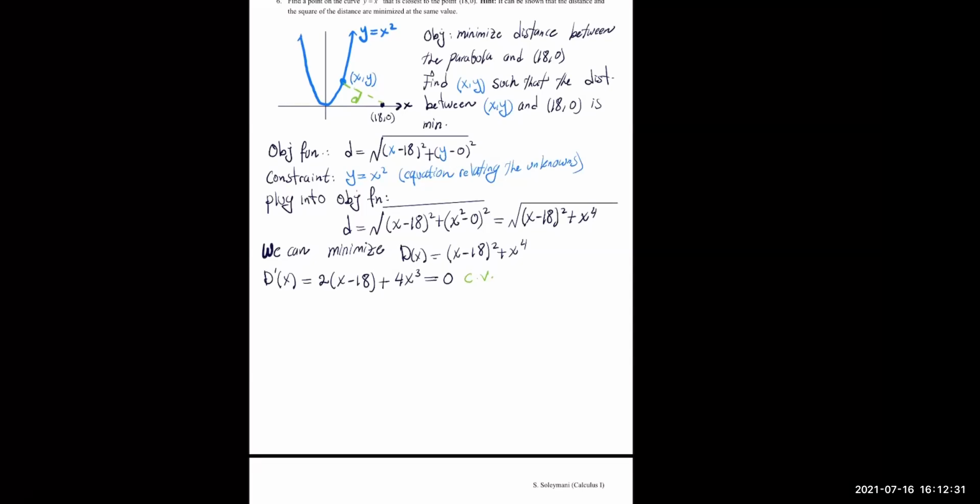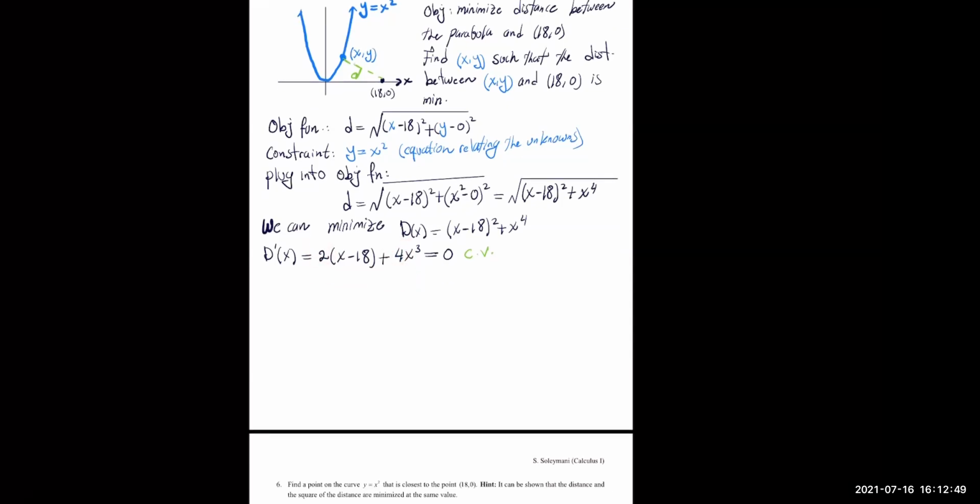You want to solve this equation. First of all, if you notice this equation, 2 is a GCF. Here you have a 2, and here you have a factor of 2.